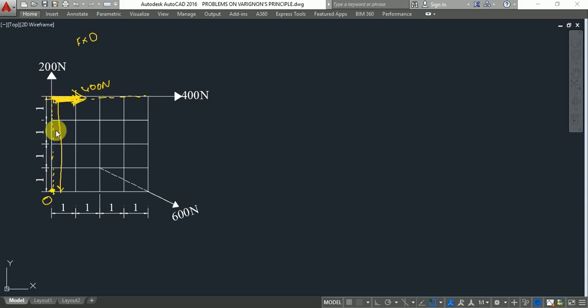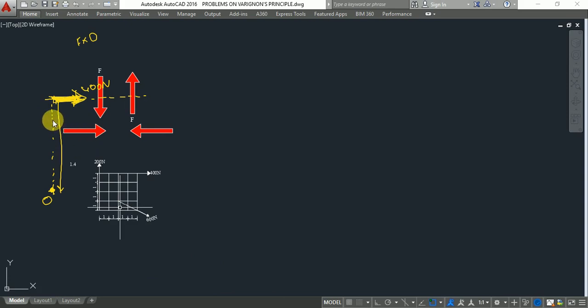So how to calculate? If I fix this point and this is the perpendicular distance, what happens here? Let me draw a force here.